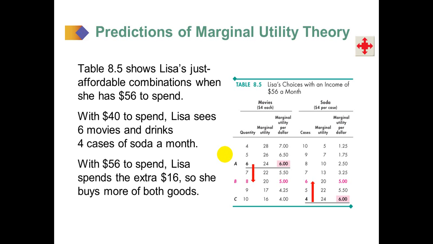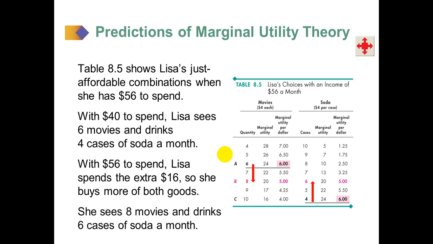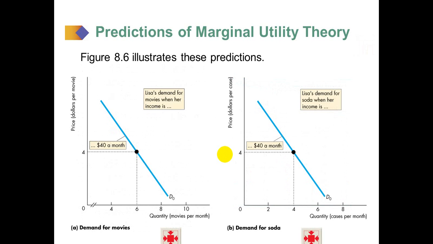She will consume more movies and more soda because both goods are normal goods. So she sees 8 movies and drinks 6 cases of soda a month. Figure 8.6 illustrates these predictions.